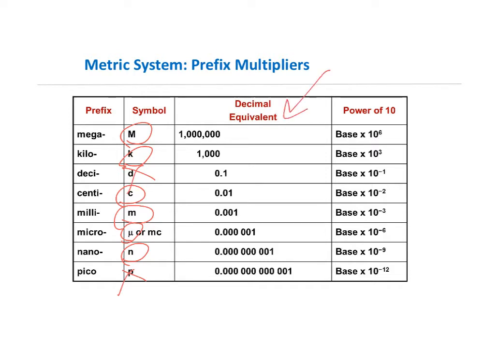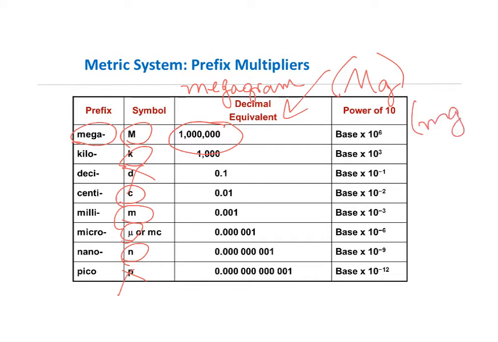And how you interpret this chart is, for example, if you were talking about a megagram, it would be abbreviated capital M for the mega and little g for the gram. You've got to be really careful with metric prefixes, whether it's capital or lowercase, because lowercase mg is milligram.